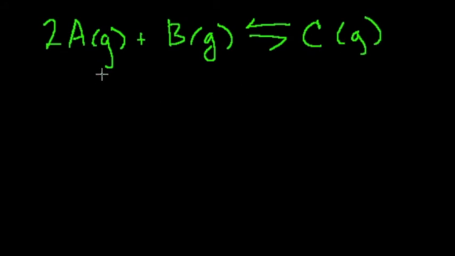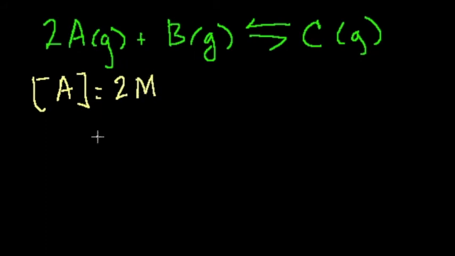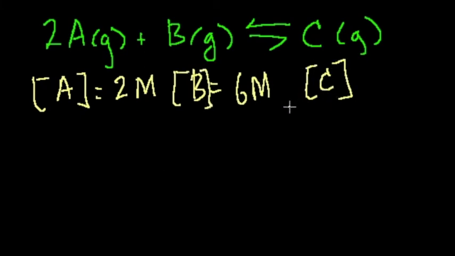And let's say initially, in our first equilibrium, our concentration of A is 2 molar, our concentration of B is 6 molar, and our concentration of C is 8 molar. So what's the equilibrium constant here?